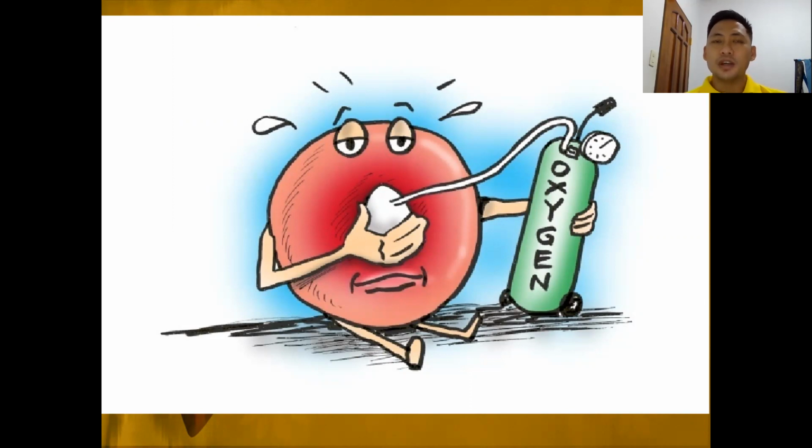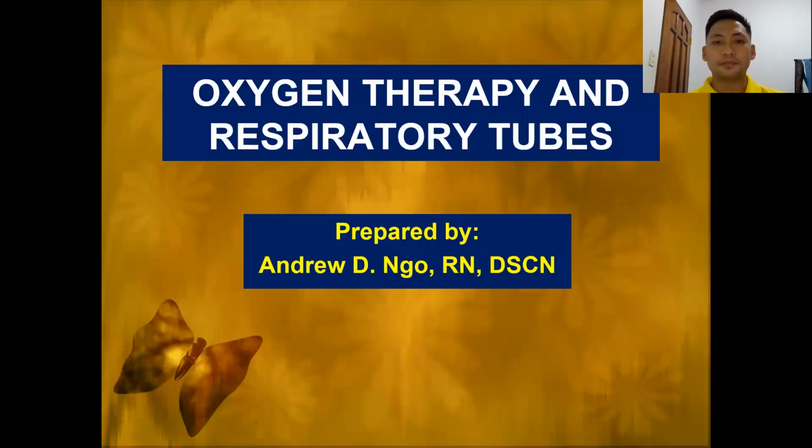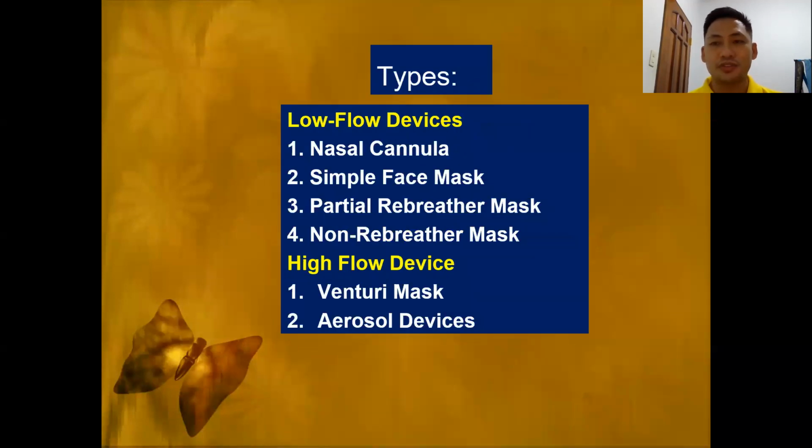And of course, we will also be tackling respiratory tubes, which are also used in advanced respiratory interventions for our patients. So for this topic, we will be including oxygen therapy and respiratory tubes.